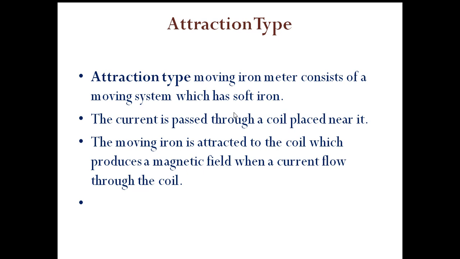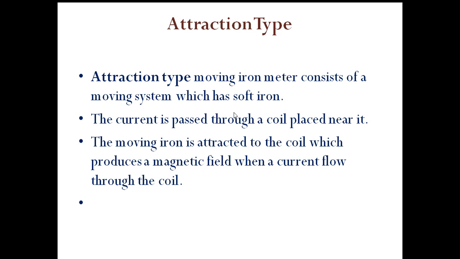The current is passed through the coil placed near it. The moving iron is attracted to the coil, which produces a magnetic field when current flows through the coil.